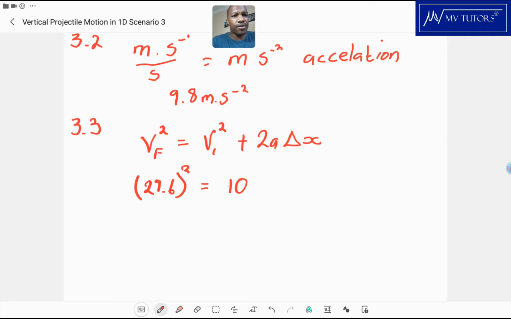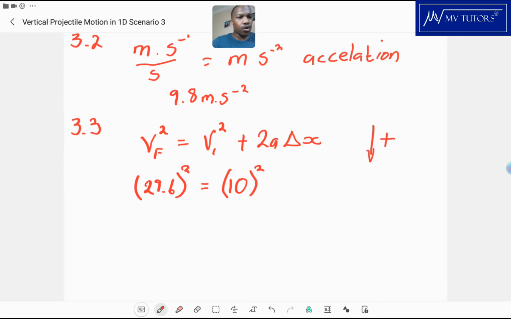Remember, anything squared is positive anyway. Now remember we said downwards is positive.